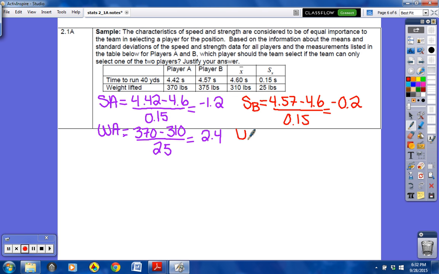So the weight or strength for player B, well, they lift 375 pounds minus 310 divided by 25. And they have 2.6.